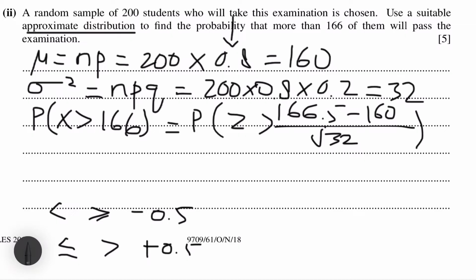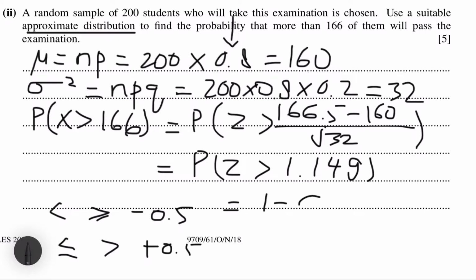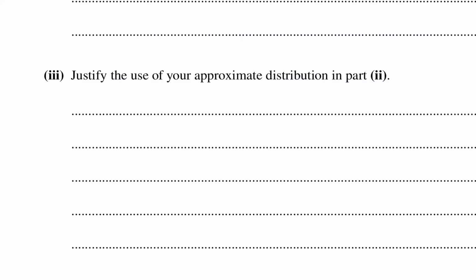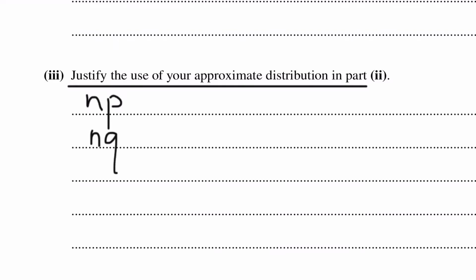This will be all equal to P(Z larger than 1.149), and 1 minus is equal to 1.149. This will equal to 0.125. For questions like justify the use of your approximate distribution, all you have to do is to find the value of NP and the value of NQ.